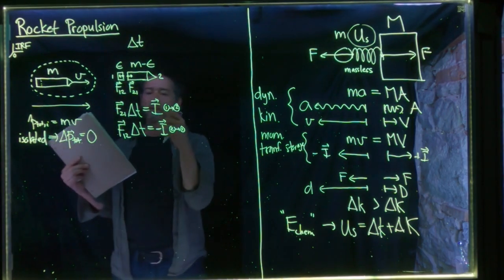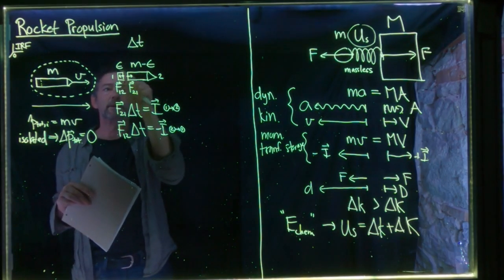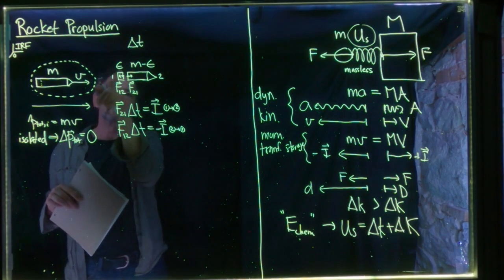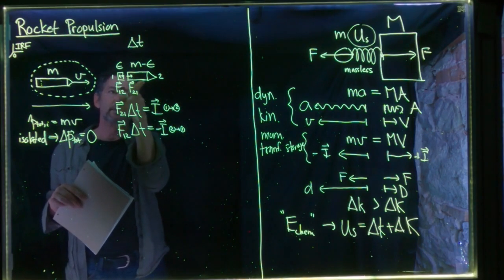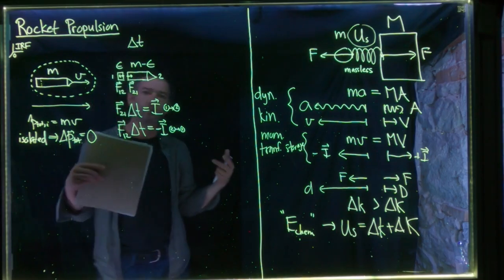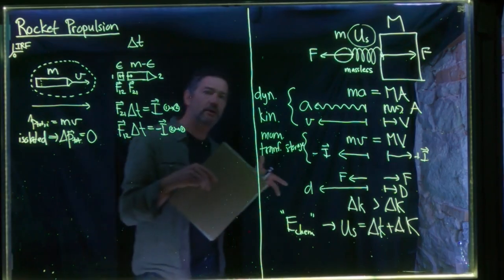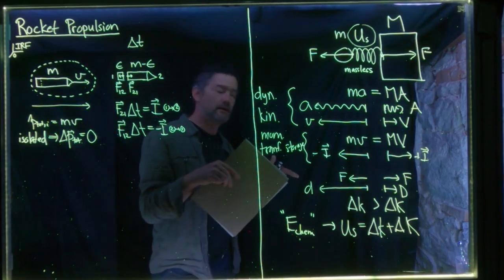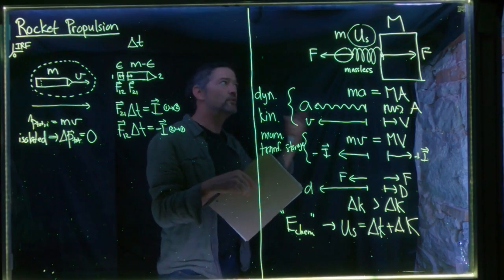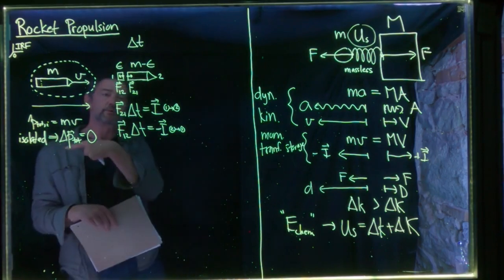So, how should I say this? Momentum basically came from this system. An amount of momentum I in that direction was transferred from this system to this system. So the amount of forward momentum that fuel and oxidizer used to have when it was at rest with respect to the rocket, now a certain amount of forward momentum was removed from that. And in fact, so much forward momentum was removed that it actually comes out with backwards momentum.